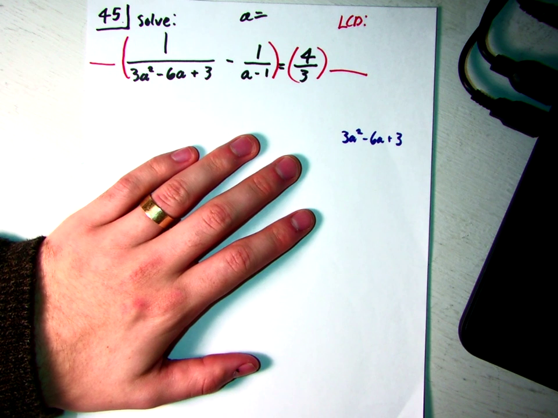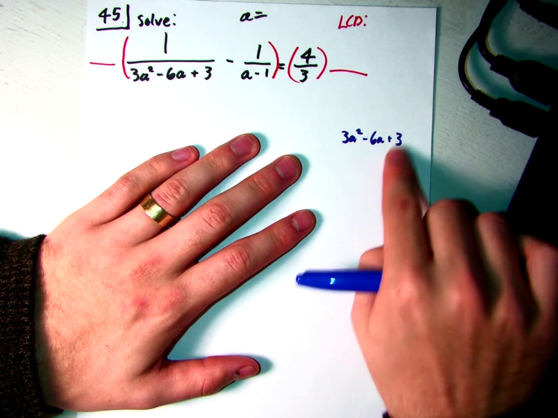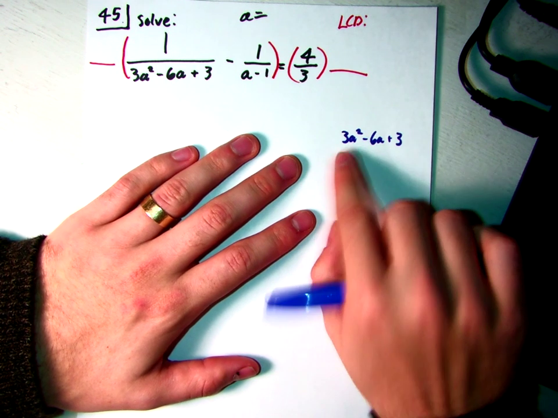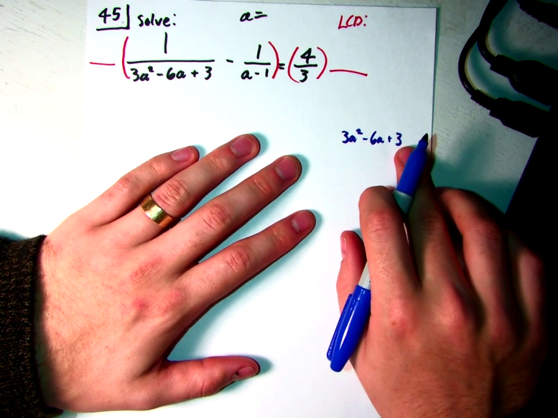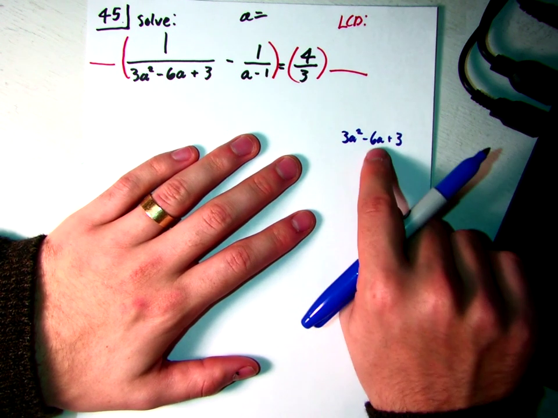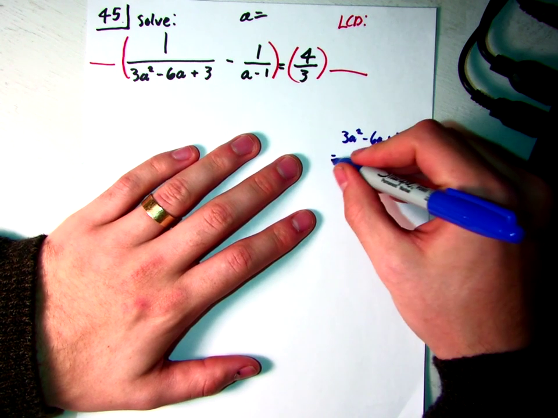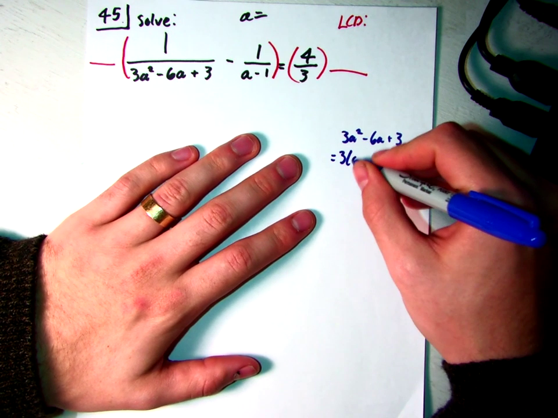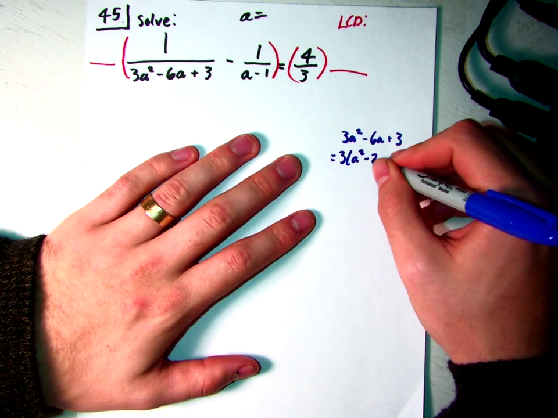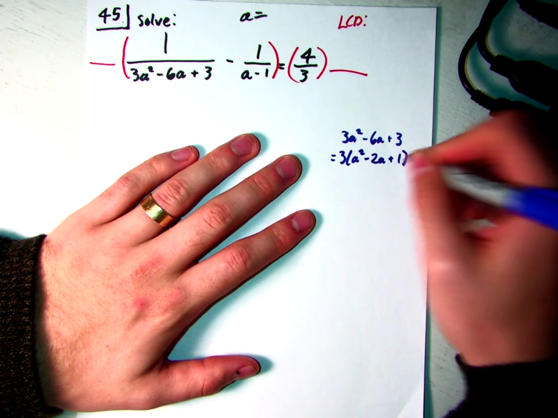The first question you always ask when you're trying to factor polynomials is, can I take out a common factor? Is there a factor that's common to all three terms? So I've got 3a squared, negative 6a, positive 3. I notice that a 3 can come out of all those terms. So I'm going to take that 3 out as my GCF. So that's going to leave a squared minus 2a plus 1.